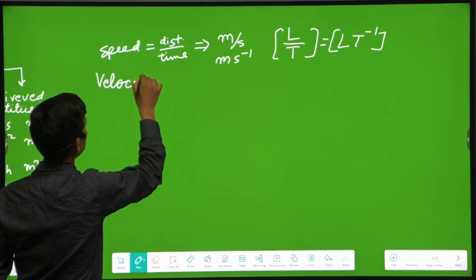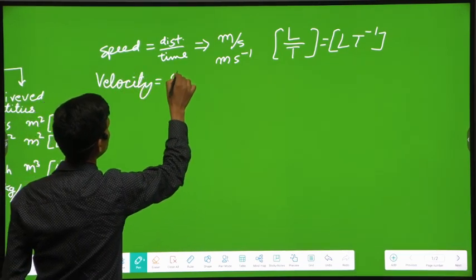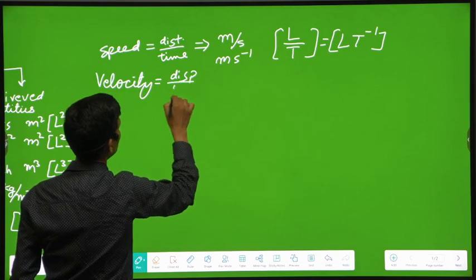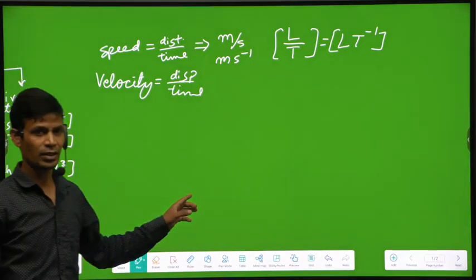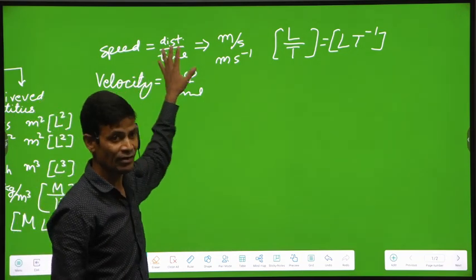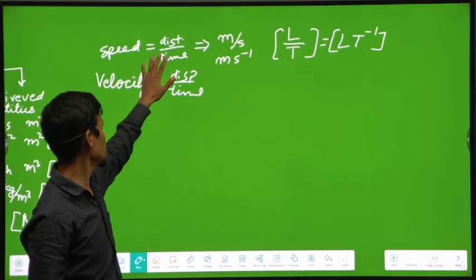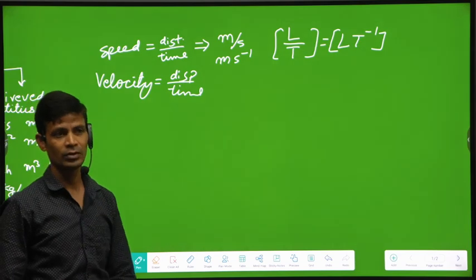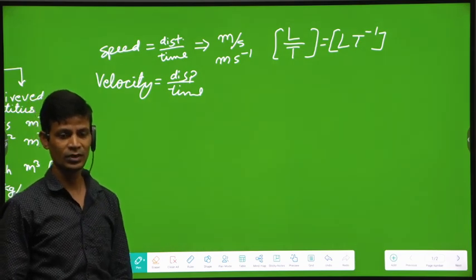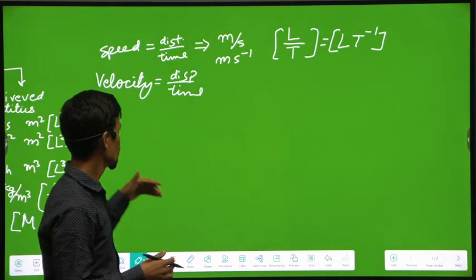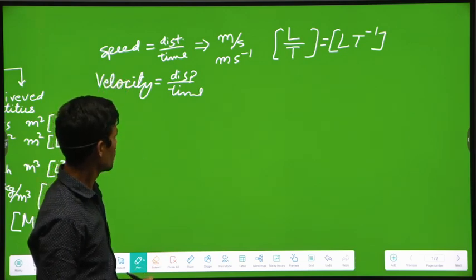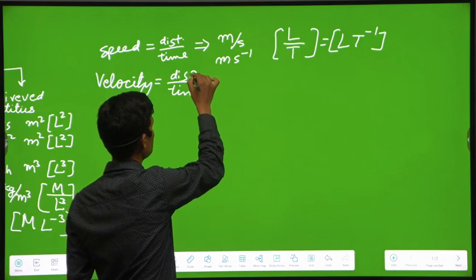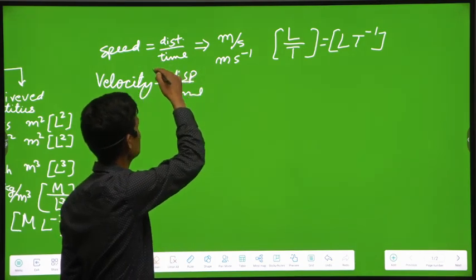So velocity, we know velocity is displacement by time, and of course, these are two different things. They have different nature. Speed is different from velocity. They have a theoretical difference between them.